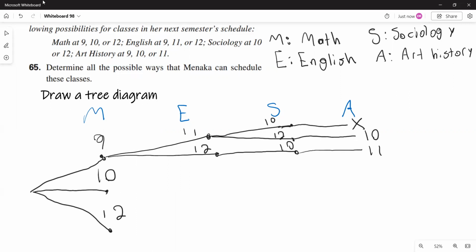Now, if she schedules math at 10, she has three choices for English. She can take English at 9, 11, or 12.